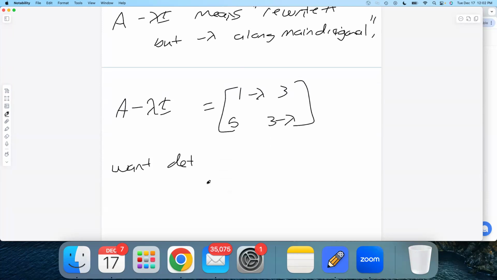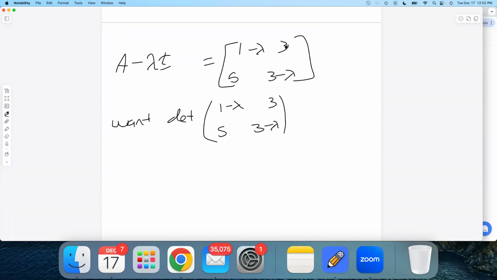So the determinant of 1 minus lambda, 3, 5, 3 minus lambda. And sometimes we'll write that. We write matrices using these square brackets. When we want a determinant, we write absolute value bars. This is mathematical notation for doing a determinant.